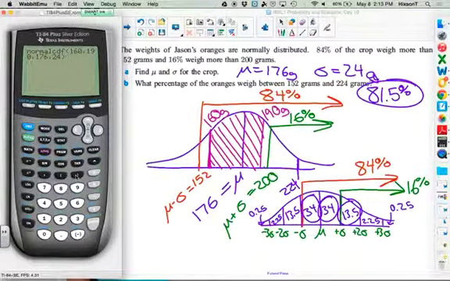Close your parentheses and hit enter, and 46.8, if you round it to one decimal, 46.8% of those oranges are going to be in this weight range. Or to think of it in other terms, if you picked a random orange out of a crate, you'd have a 46.8% chance that it will weigh between 160 and 190 grams.